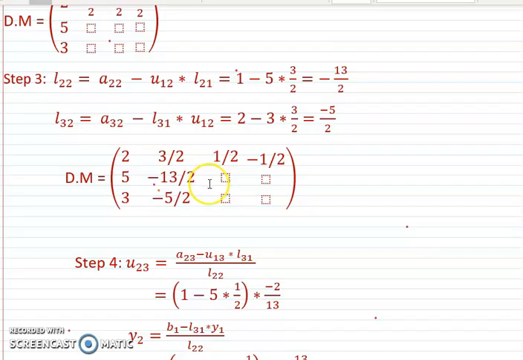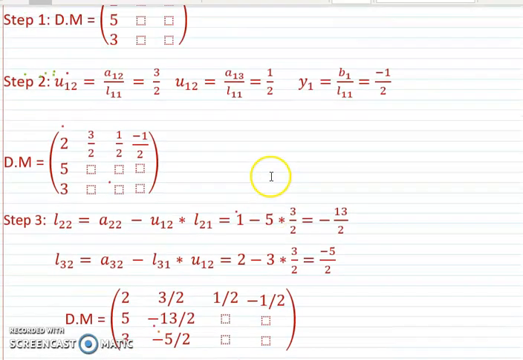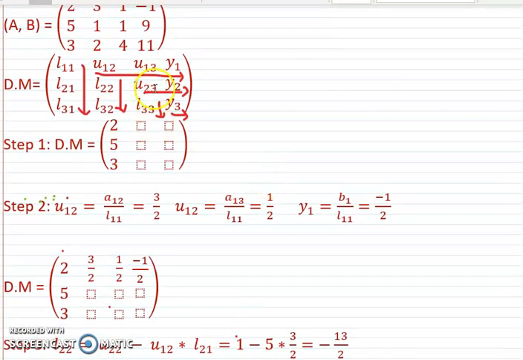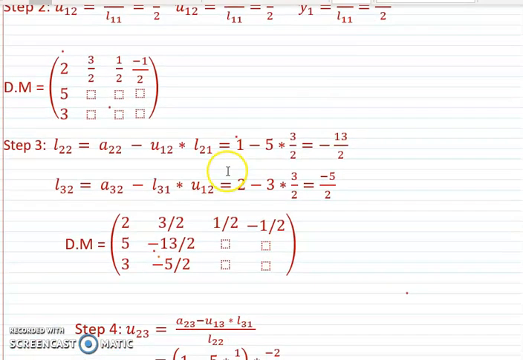Next step, we have to find the remaining elements of the second row. Remaining elements of the second row are U23 and Y2. Here, the elements are calculated by first forming the inner product, that is first row element and column elements are multiplied. Here there is an extra element on the diagonal.